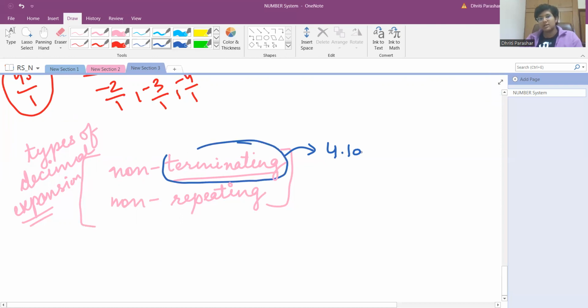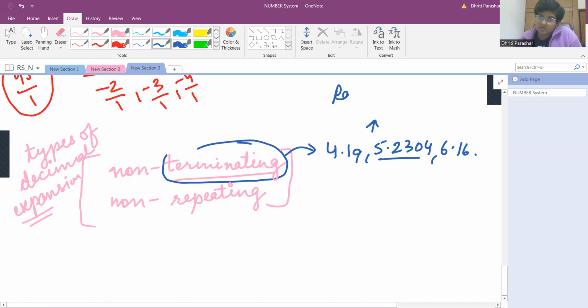So similarly, 5.2304, this is terminating, right? Again, 6.16, terminating. So terminating decimal expansions are rational numbers.